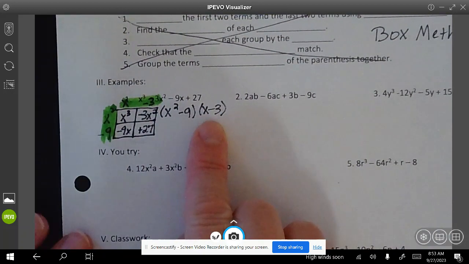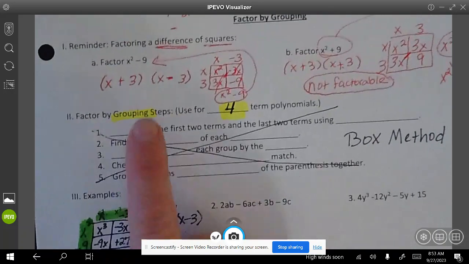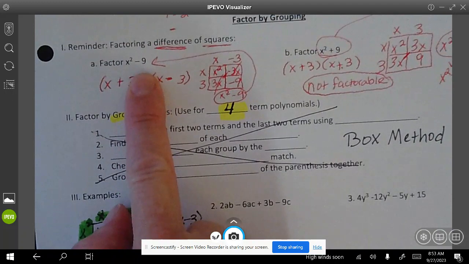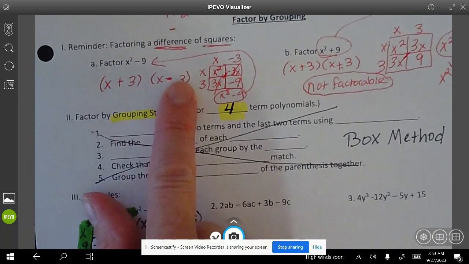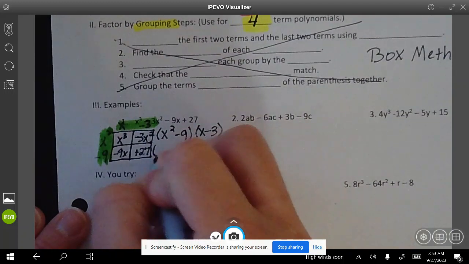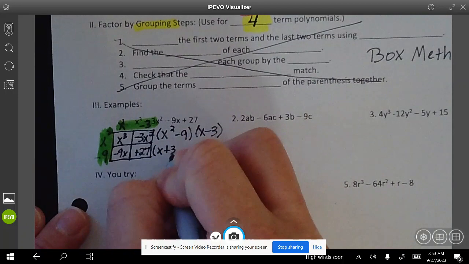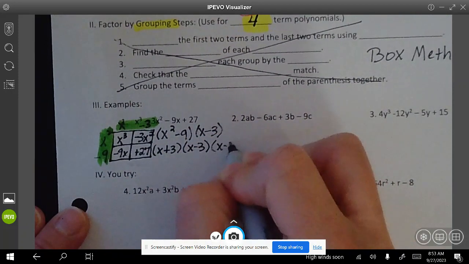Now this particular problem is a special case. You should recognize this x squared minus 9 from right up here. How does that factor? We did that. x plus 3 times x minus 3. So we're going to come down here and rewrite this x squared minus 9 as x plus 3, x minus 3, but we also have that other x minus 3.